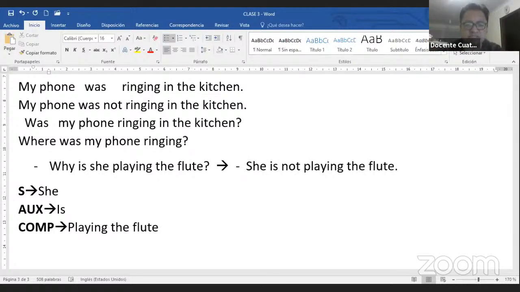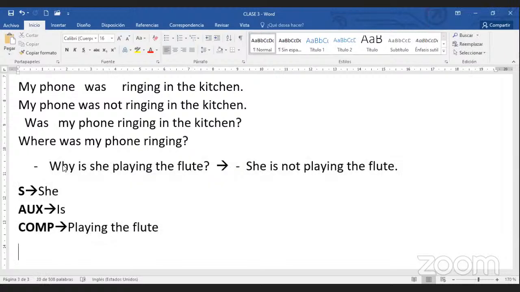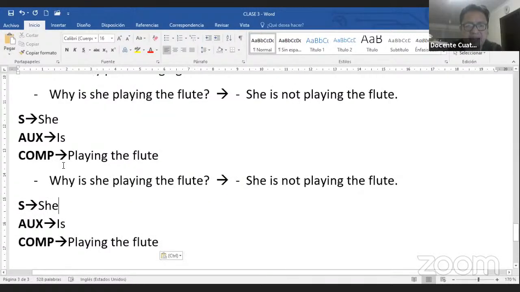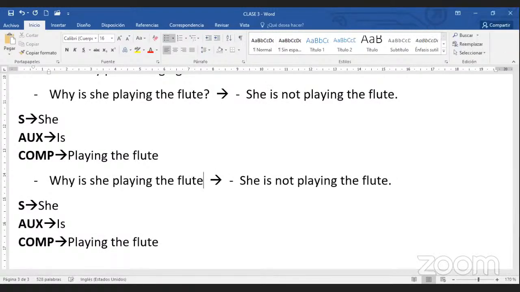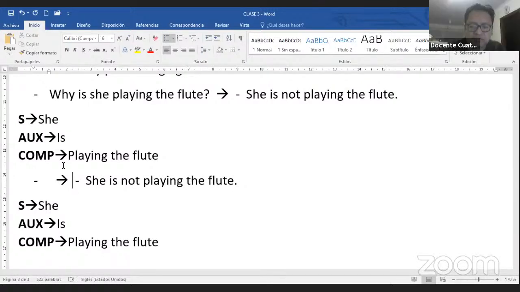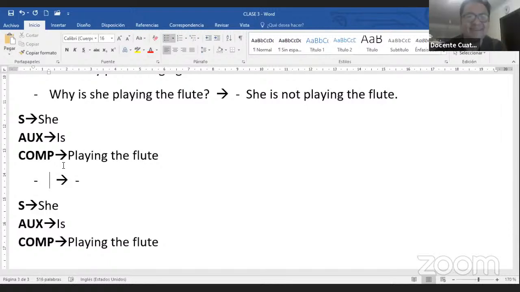Very nice. Okay. Liber, the same for you, but now I'm gonna give you the negative sentence, and you have to give me the closed question.